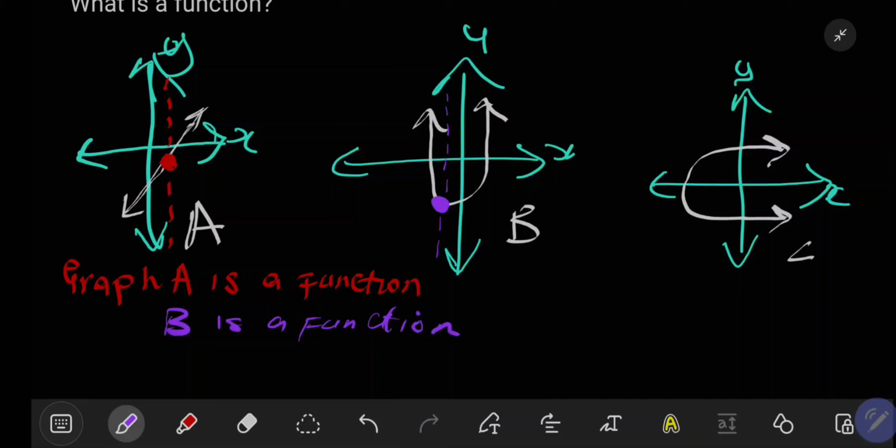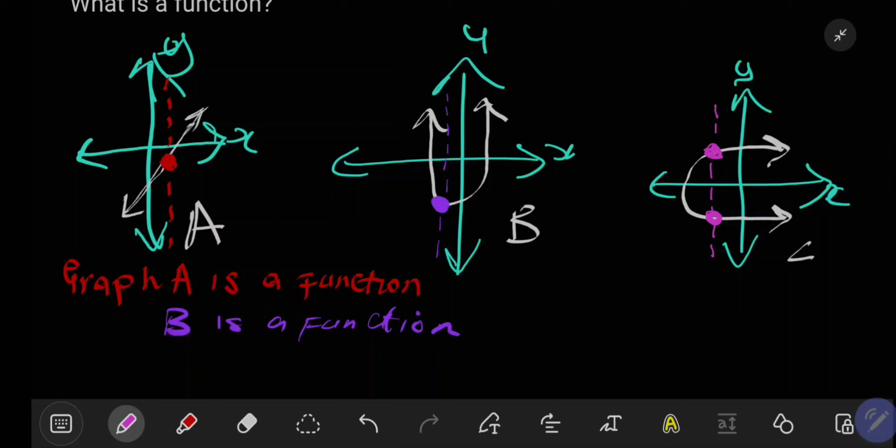When we go to graph C and draw a vertical line, a line parallel to the y-axis, we check how many times the line touches the graph. In this instance, we see that it touches the graph once here and then twice here. So it touches the graph two times.